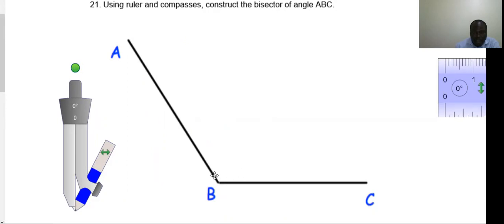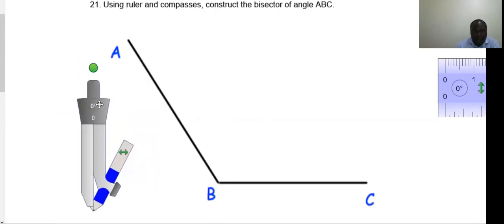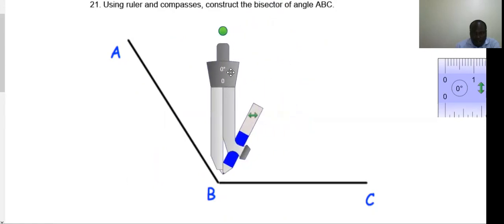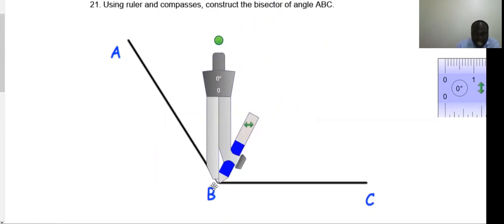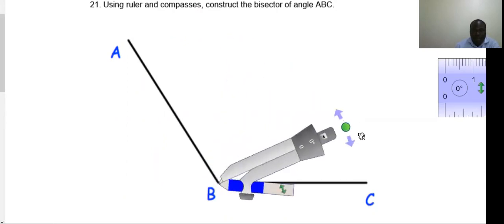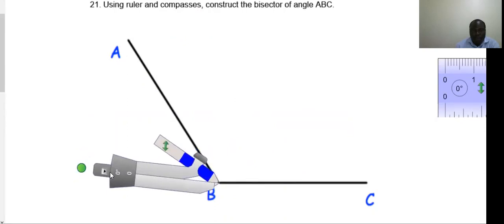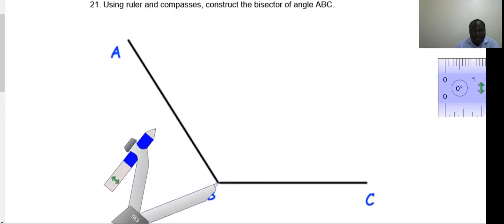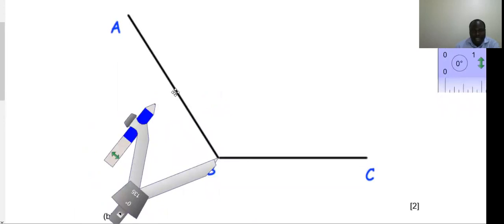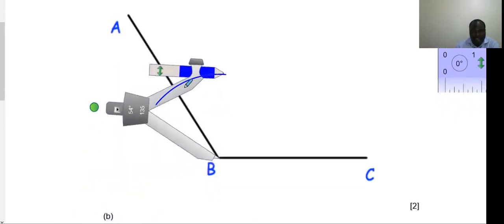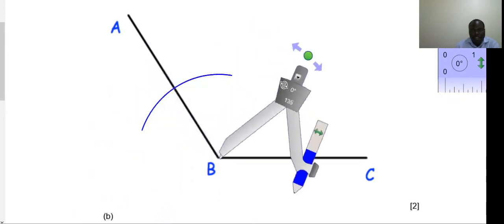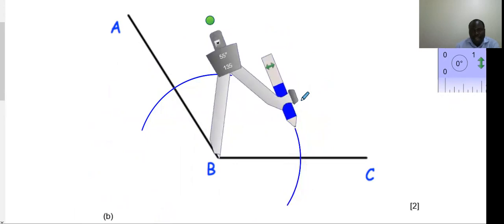We want to cut this angle into two equal parts using a pair of compasses. So you take your compass, put the sharp point here at the angle itself, and then set your compass by opening it like so, then make an arc cutting this line here, and come and cut this line here, make an arc. Can you see that?